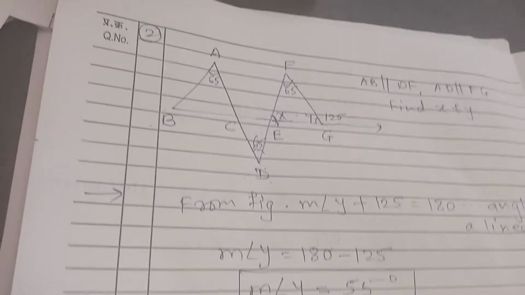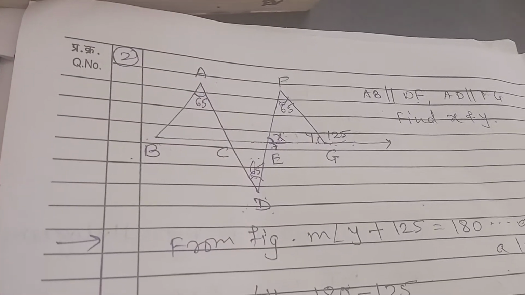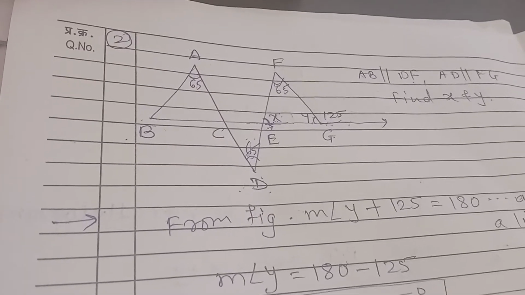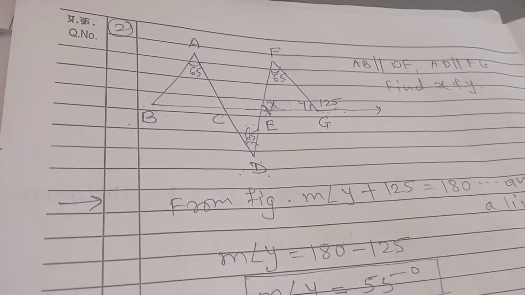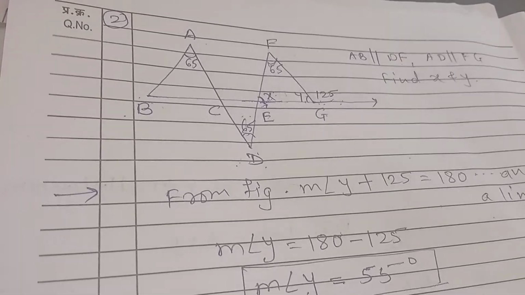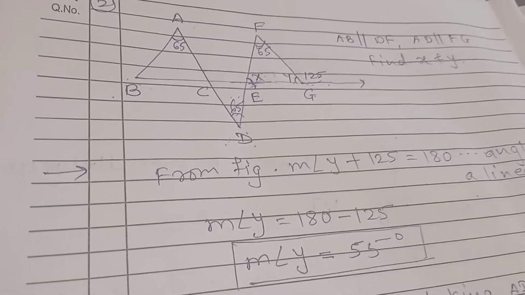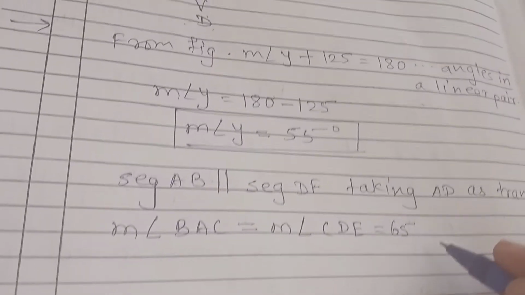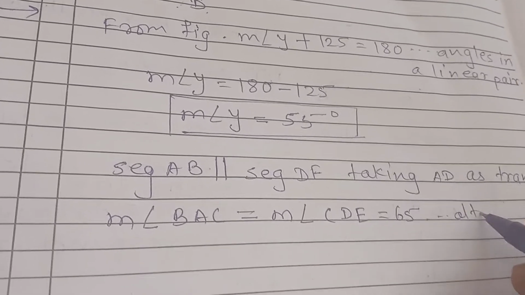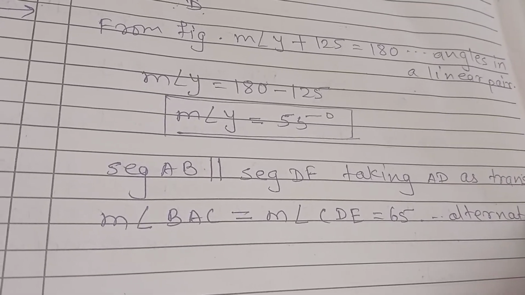Then measure of angle BAC is equal to measure of angle CDE. It is equal to 65 degrees. Why? Because they are alternate angles.